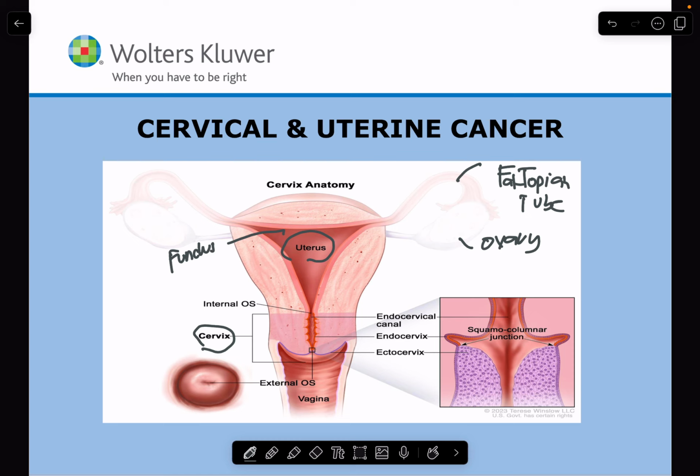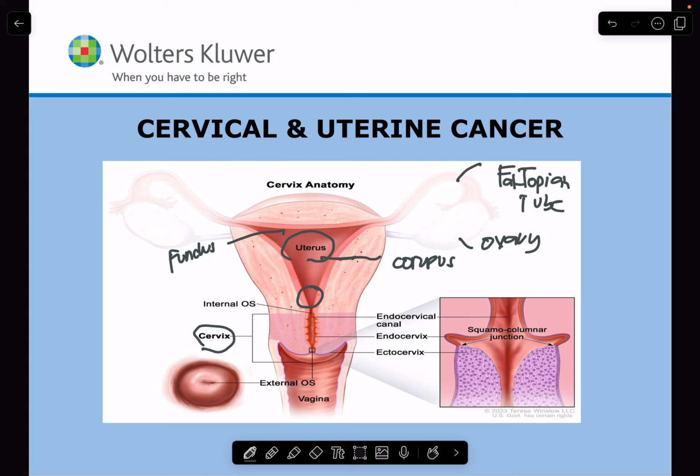Okay, and also you have the corpus, which is the main body of the uterus, kung saan dito po pumupunta yung mga fertilized egg na nanggagaling po sa ovary. Okay? And at the same time, meron din tayong isthmus kung saan dito nagnanarrow yung uterus, no?